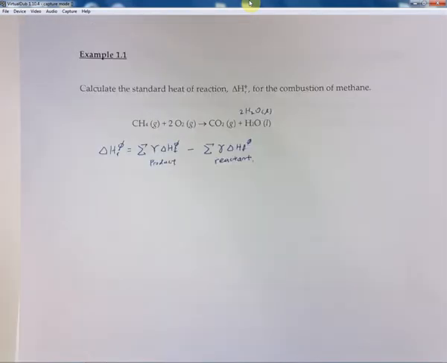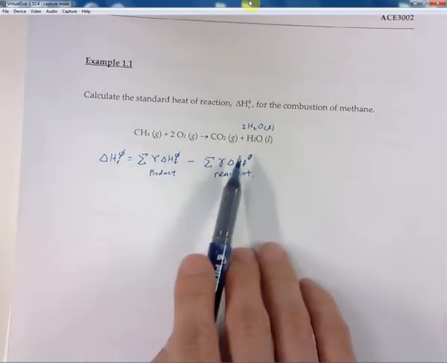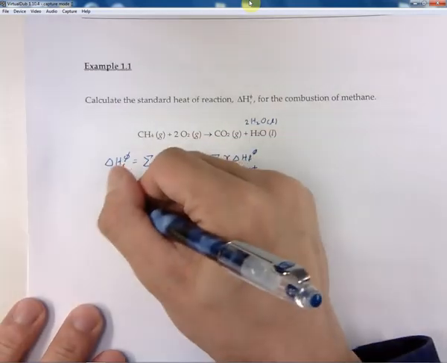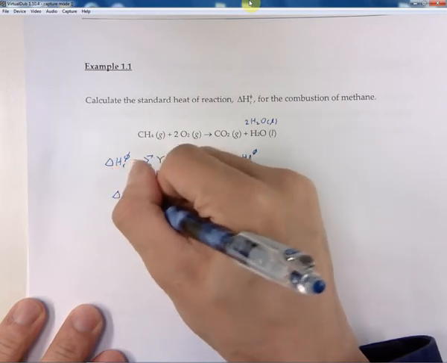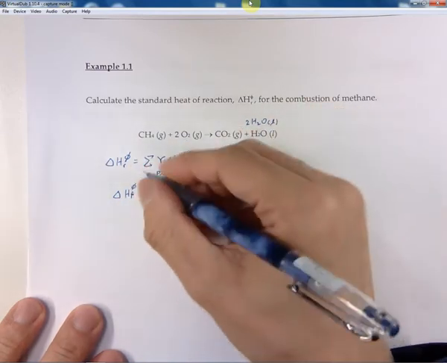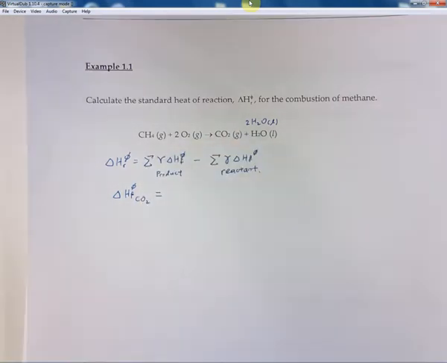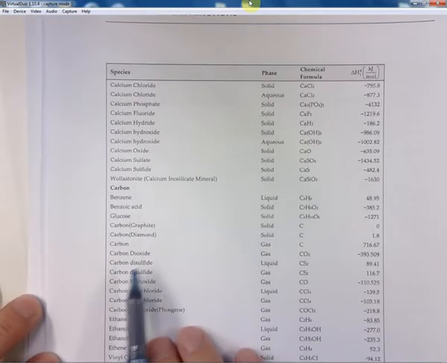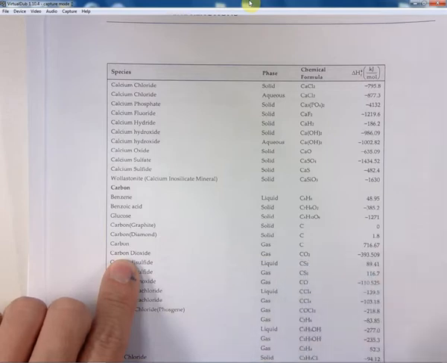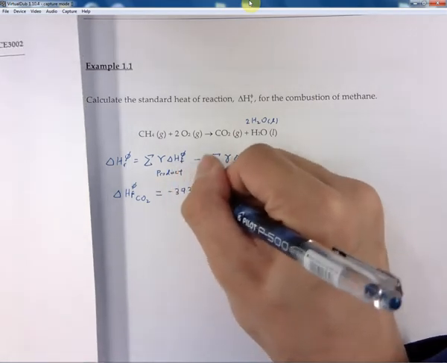Okay, so what we're going to do is we can go to the table and find what is the heat of formation for all these terms. So we can do it one by one. So let us find the product first. CO2, gaseous state. So CO2 is over here, has a value of negative 393.509.